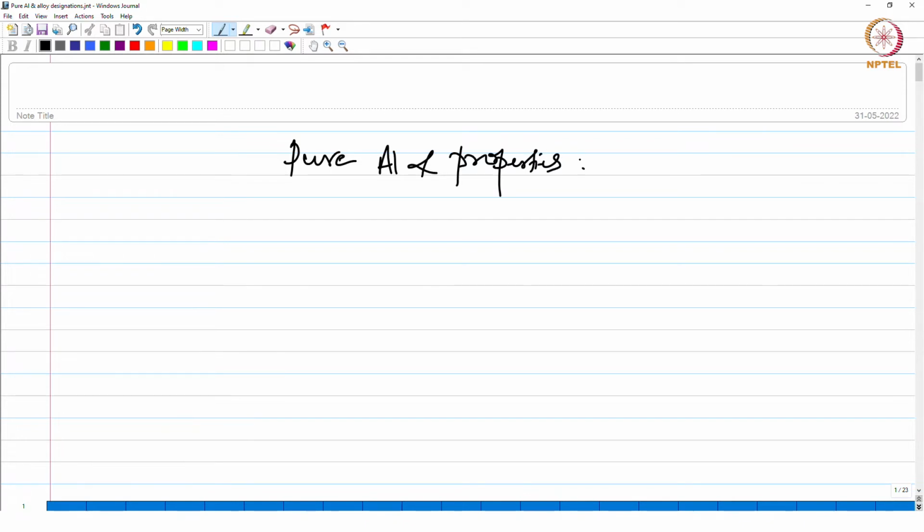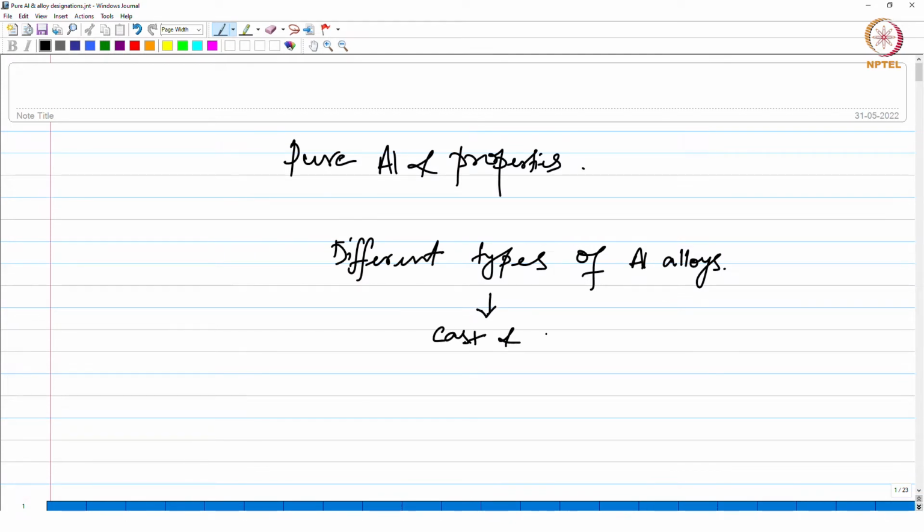Then we have also seen different types of aluminum alloys such as cast alloys and wrought alloys. And we have also talked about the alloy designations.